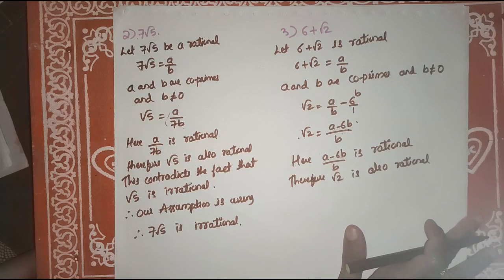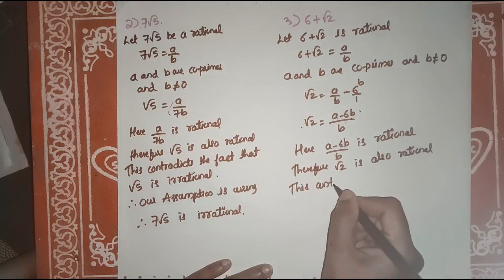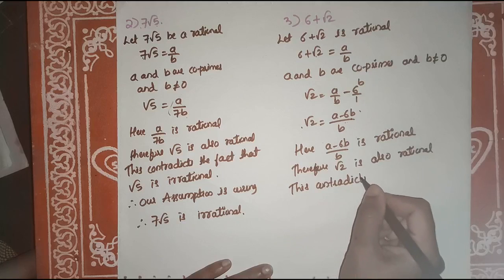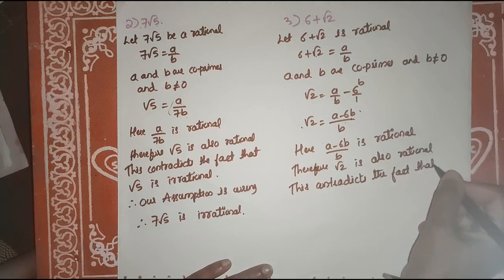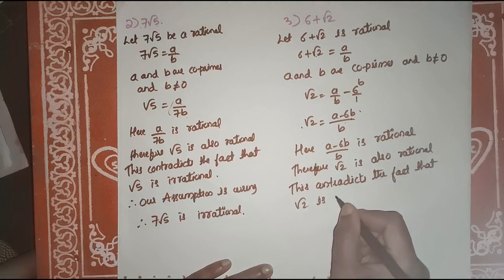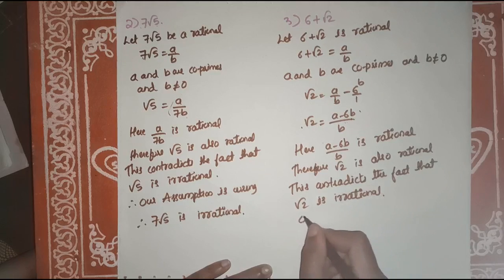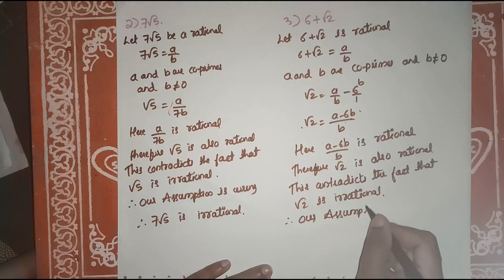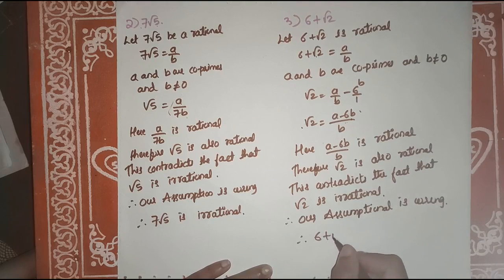This contradicts the fact that root 2 is irrational. Therefore, our assumption is wrong. So 6 plus root 2 is irrational, not rational.